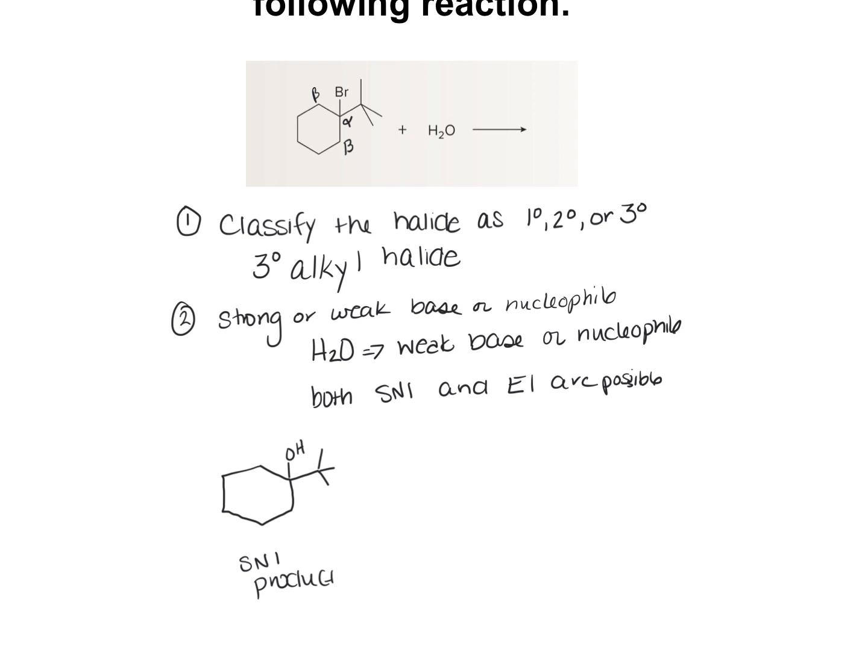And when we look at that, there is symmetry, and so what we find is that the double bond will be substituted the same whether we remove this one or this one, and so there's really no difference there. And so this would be our E1 product.